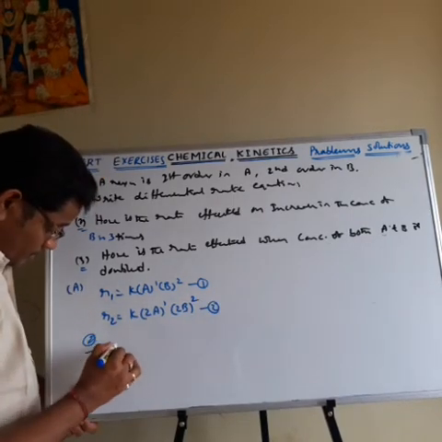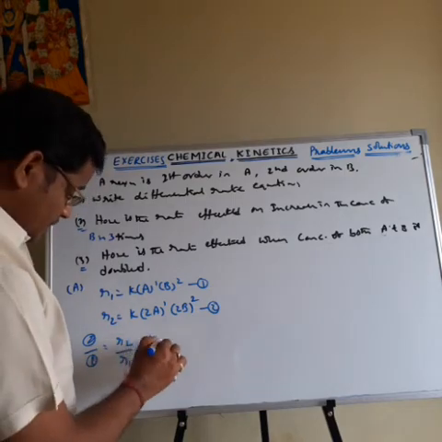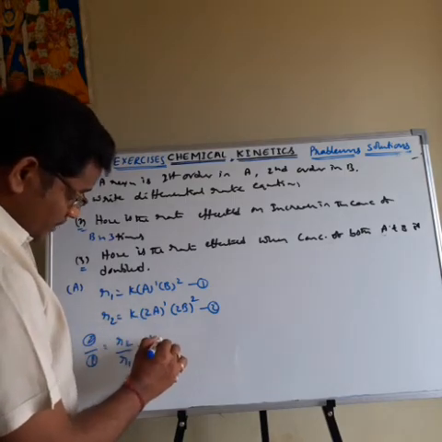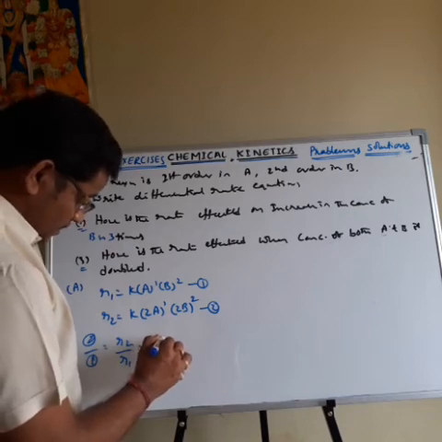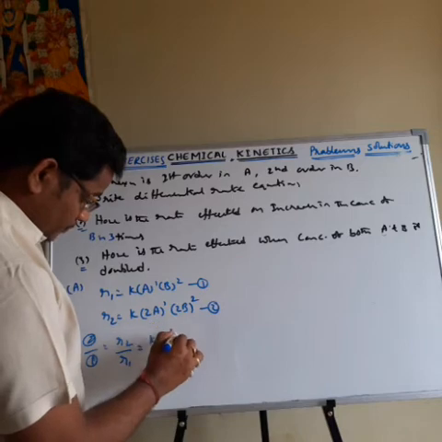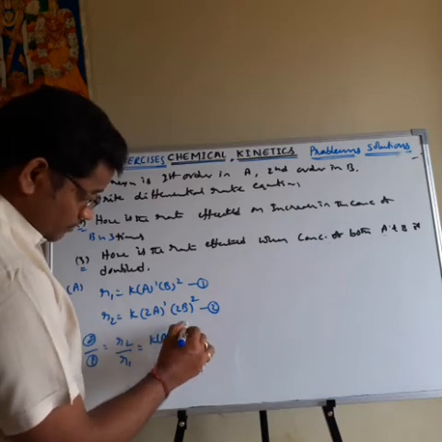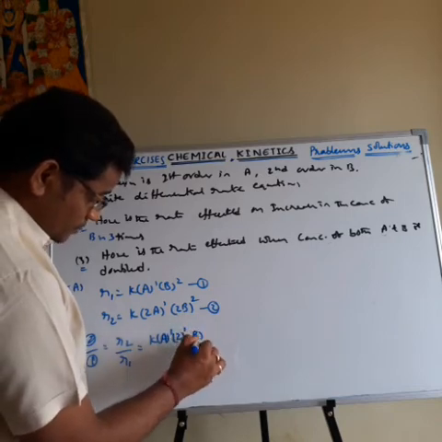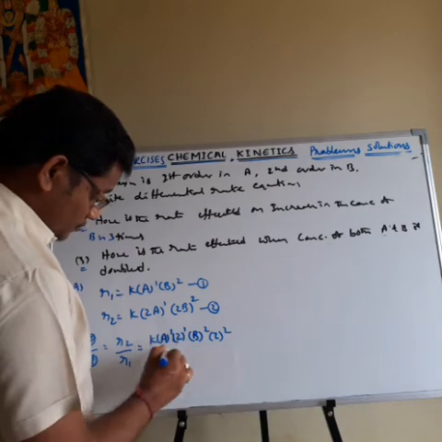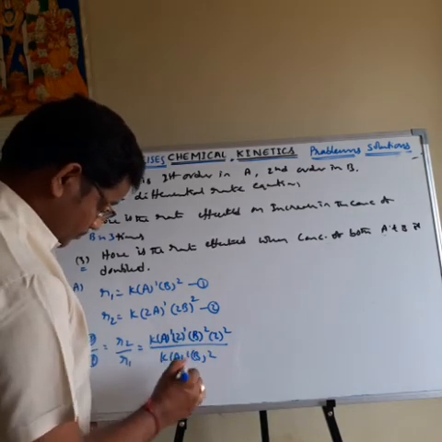Equation 2 divided by equation 1. R2 divided by R1 is k into 2A power 1, we can write like this, k into A power 1 into 2 power 1, into 2B power 2, that is B power 2 into 2 power 2, divided by k into A power 1 B power 2.